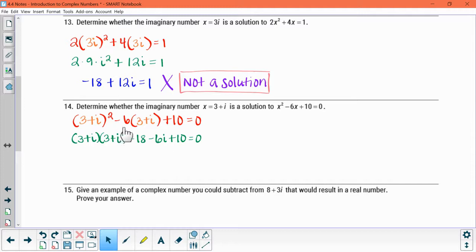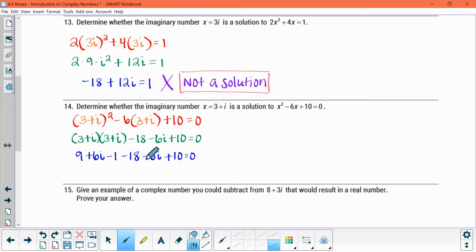I'm going to go ahead and FOIL out this first term. That's going to give me 3 times 3 is 9. I get plus 3i plus 3i, which is plus 6i. And i times i is i squared, which is negative 1. Then I'm going to get negative 18 minus 6i plus 10. And from here, we can do some simplification.